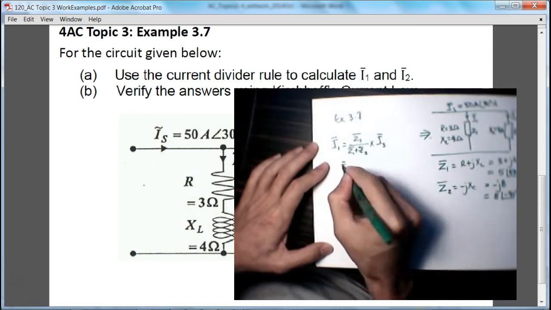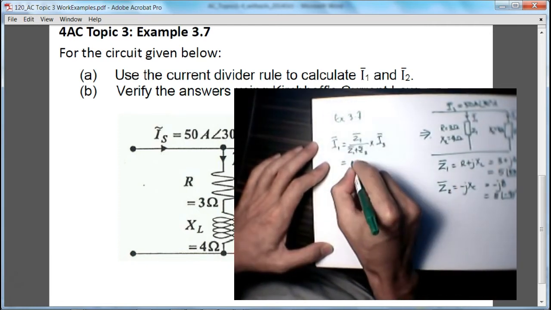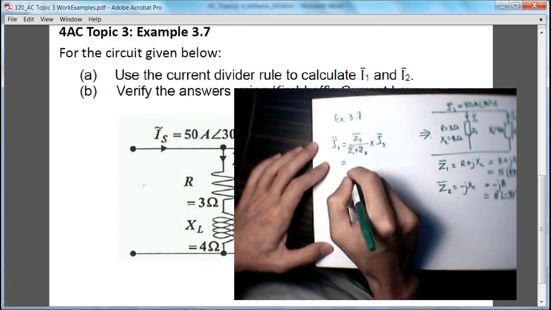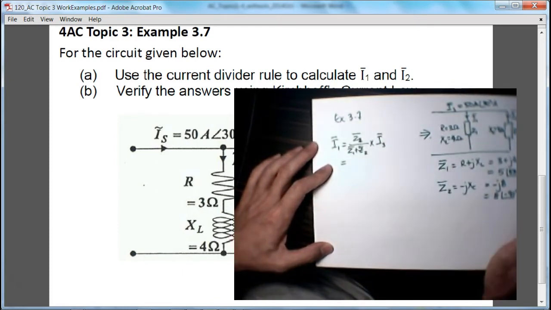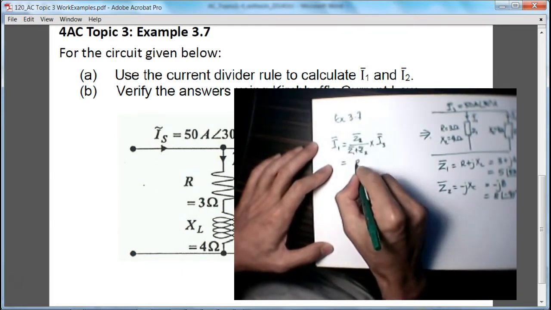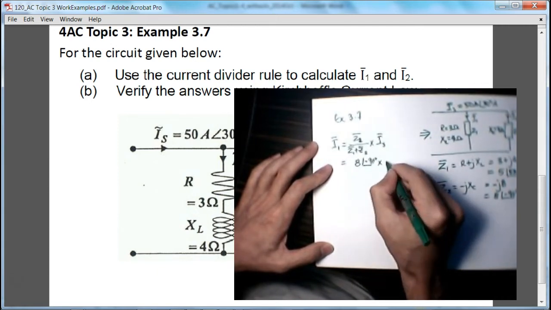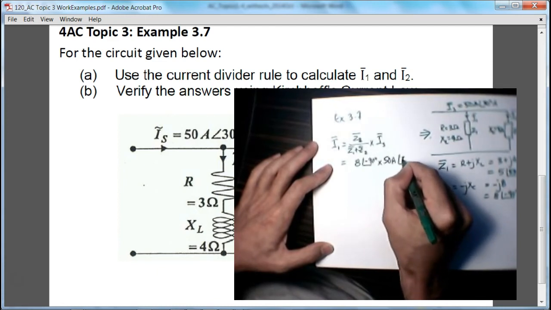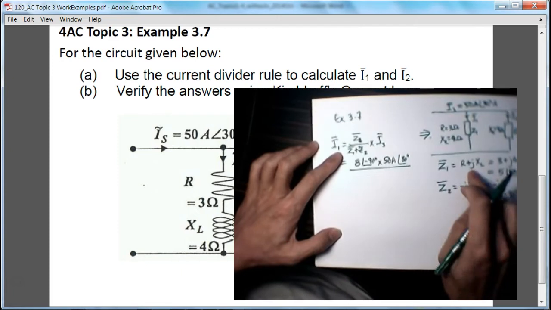Substituting in the values, I get 8 at an angle of minus 90 degrees, multiplied by the current, 50 amps at an angle of 30 degrees, divided by Z1 plus Z2.